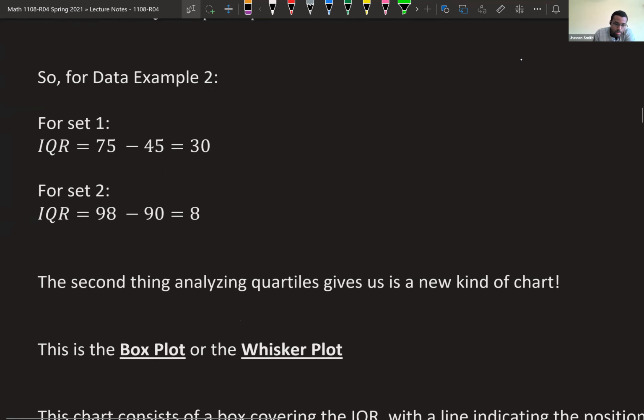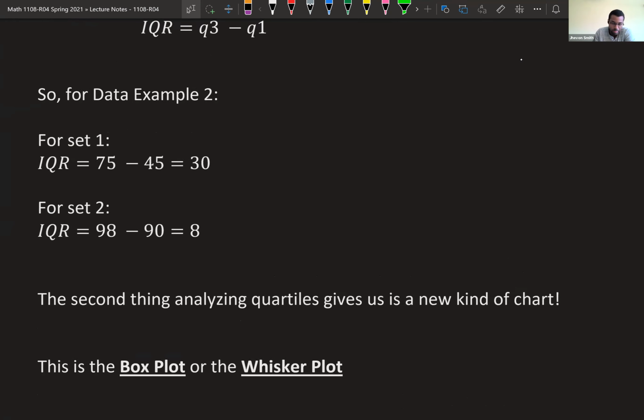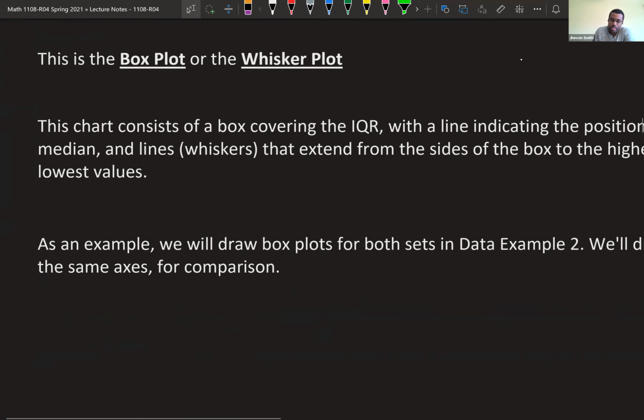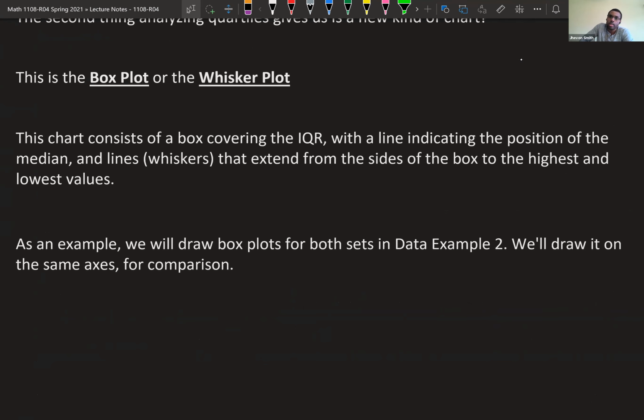Now, the next thing that we can get by analyzing quartiles is another kind of chart. It's called a box plot or a whisker plot because it's literally a box with two whiskers coming off of it. It's essentially a chart that plots the quartiles, and the interquartile range is represented by a box.